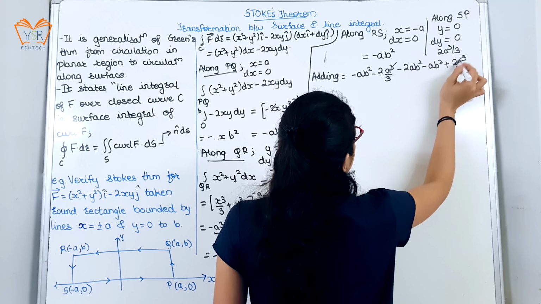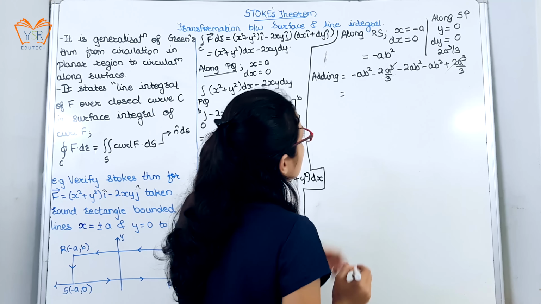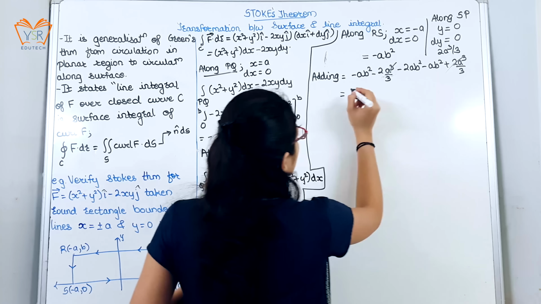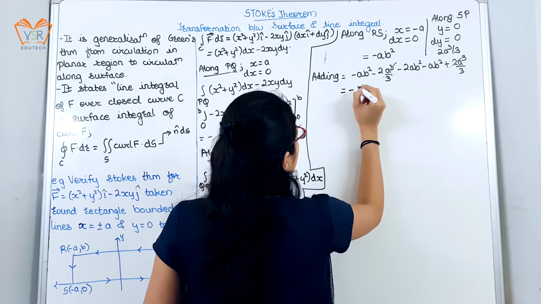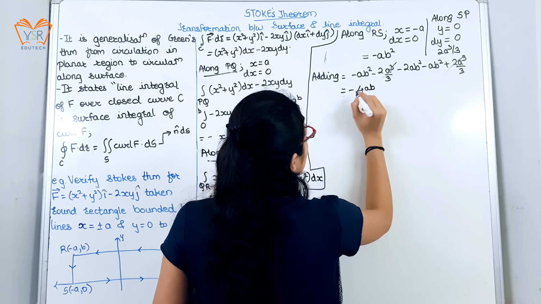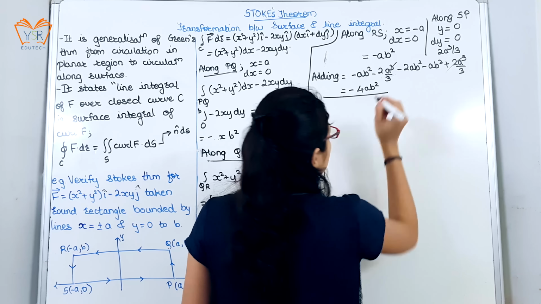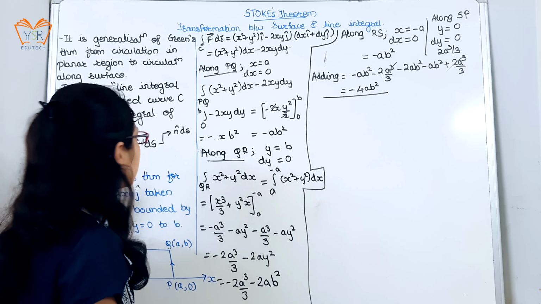This gets cancelled. Minus 4. So the value of the line integral is minus 4ab square. And this is our LHS part.